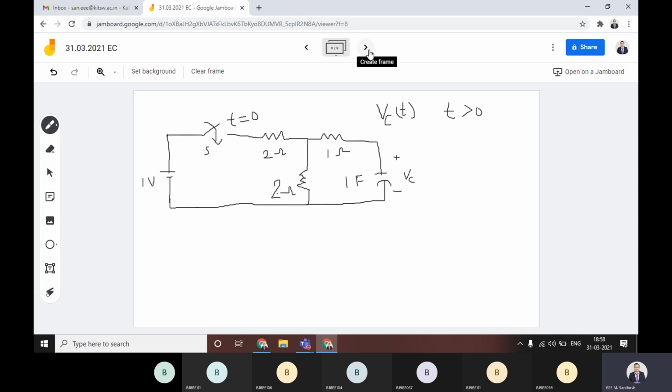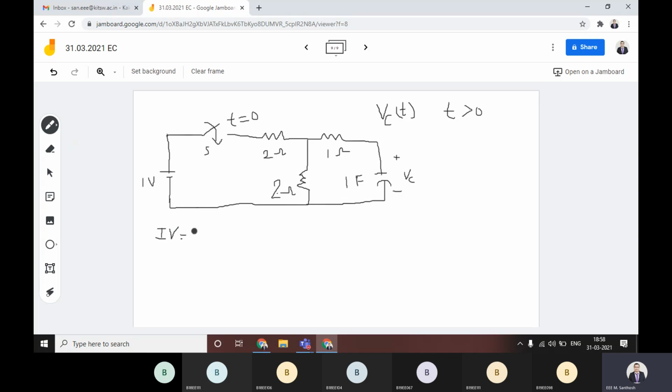You have got the final value correct as 0.5. Everyone is getting this 0.5. What is the initial value? Can anyone tell us? 0 volts. Very good. The initial value is obviously 0 volts.